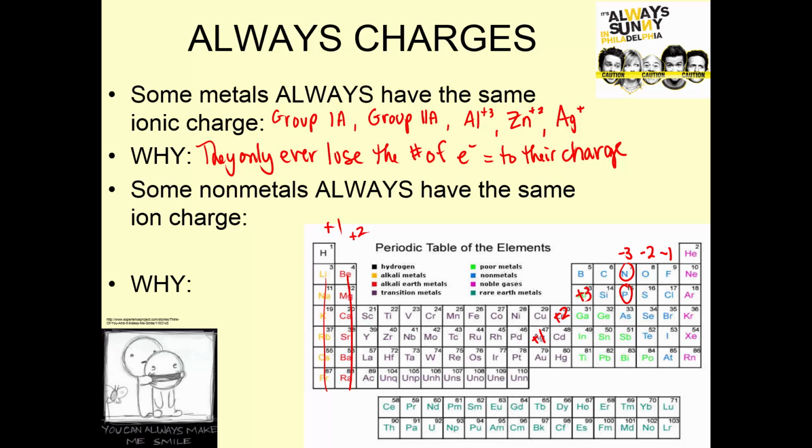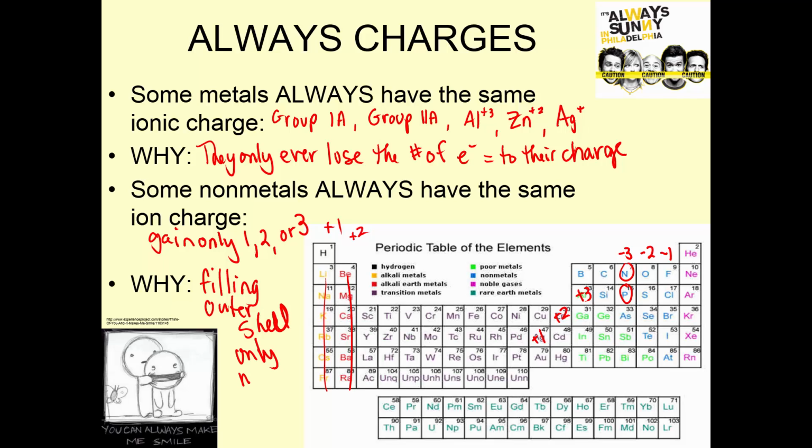So the nonmetals make negative ions by gaining 1, 2, or 3 electrons because filling their outer shell only needs that many. So you have to use the periodic table, find the elements that turn into ions, and memorize the charges they need.